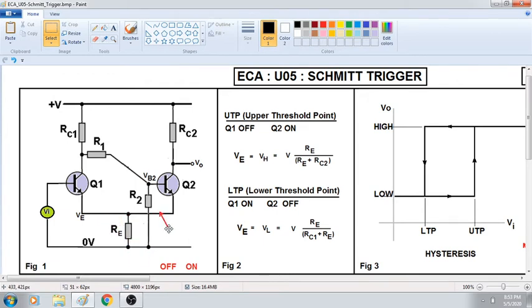This is called emitter coupling. So in a Schmitt trigger one feedback is missing and that input is free. We will try to study how this connection behaves.